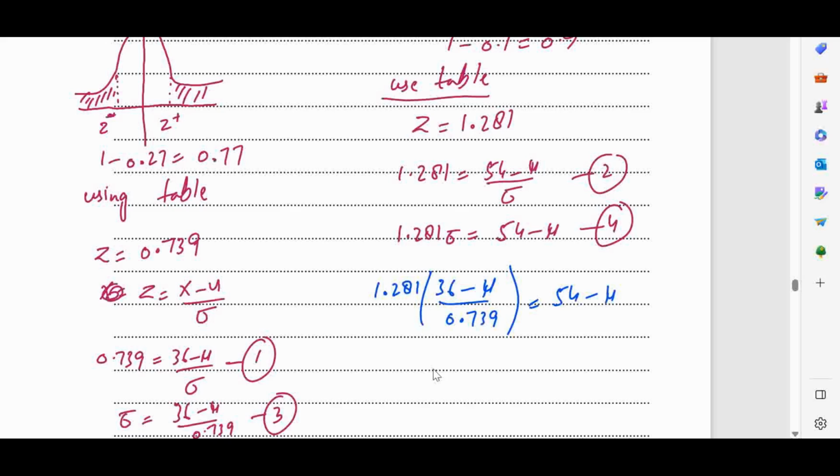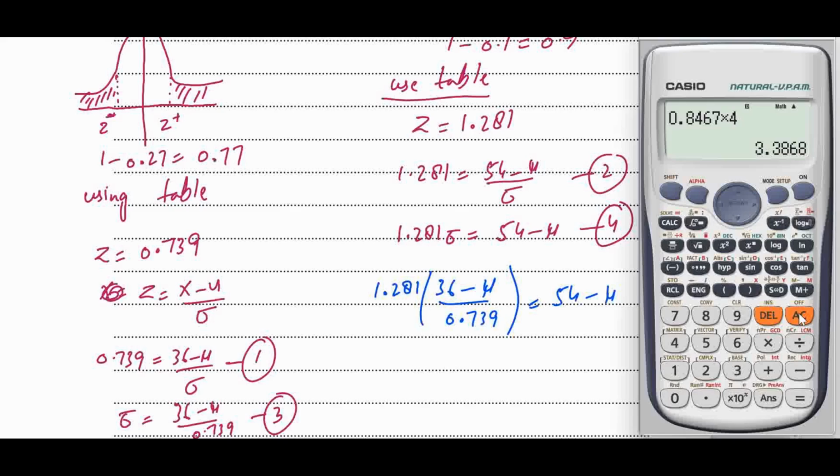So if we further simplify it, 1.281 divided by 0.739 will give us 1.7334.